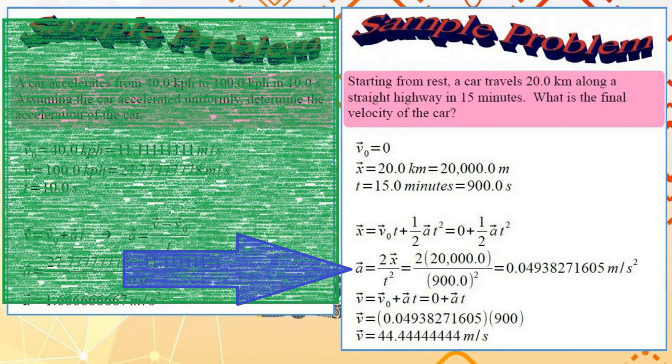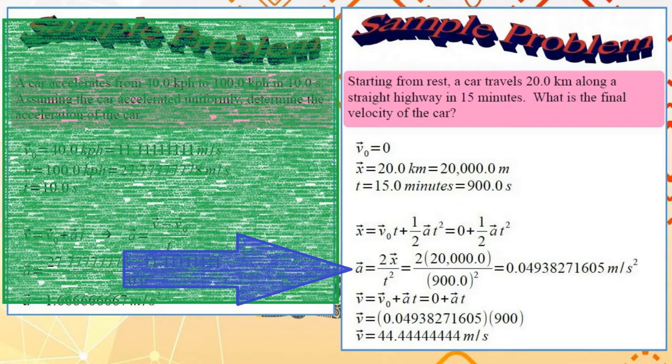Looking at the known values, the only unknown is acceleration. Isolating acceleration, a is equal to 2x over t squared. We are able to calculate the acceleration value, 0.04938271605 meters per second squared.